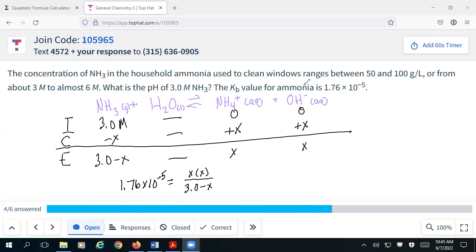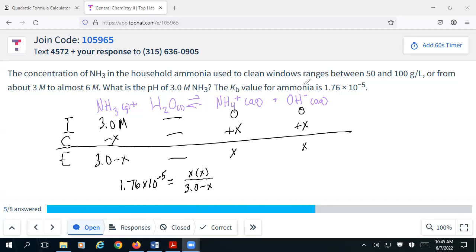So at the heart of all of these kinds of questions is the fact that we're going to have to draw ICE tables for all of them. That's one of the reasons why we introduced that concept in the last chapter. We're continuing to use them over and over.